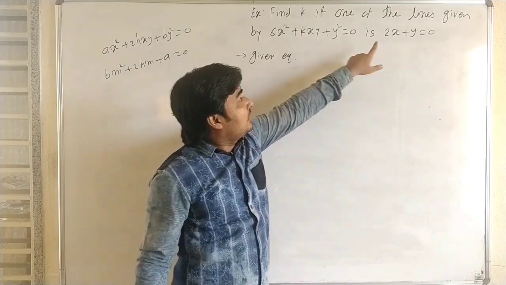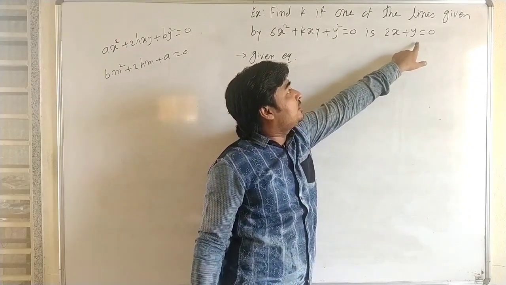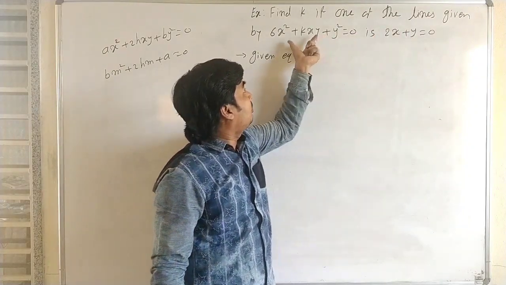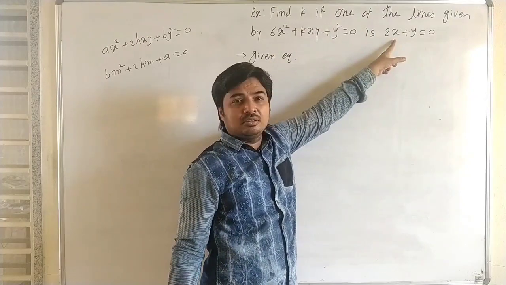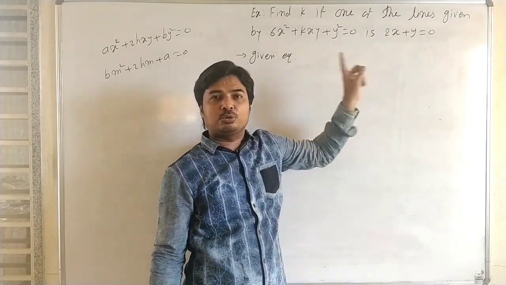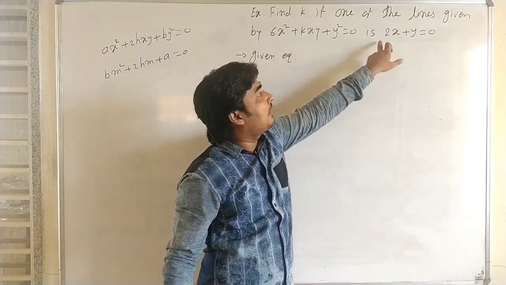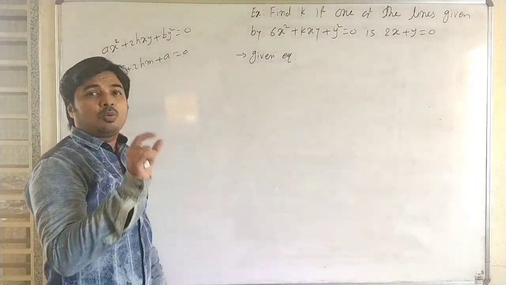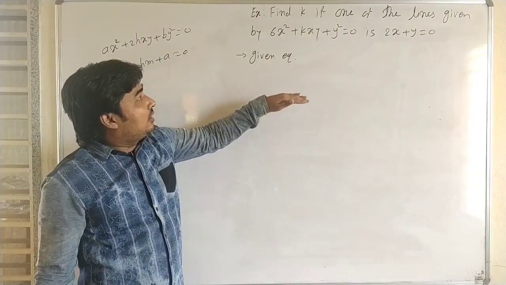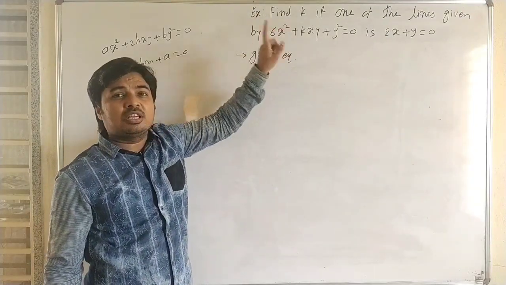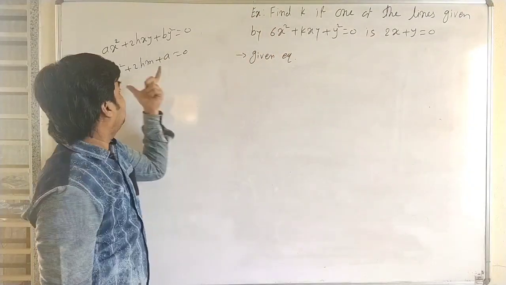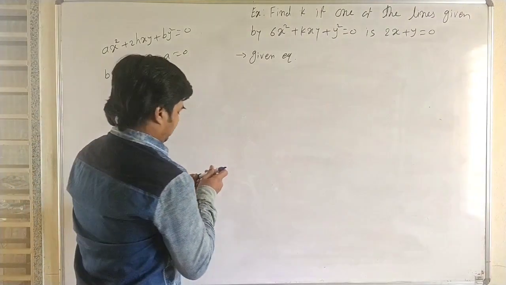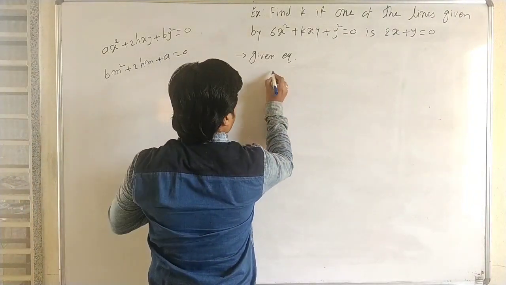In this problem the slope is minus 2 because one of the two lines is 2x plus y equal to 0. The slope of one of the lines of the homogeneous equation satisfies the auxiliary equation of the homogeneous equation.